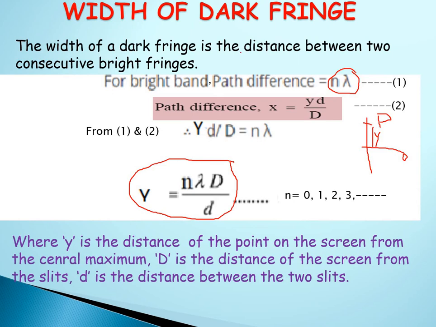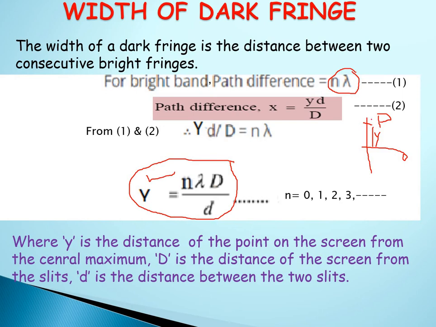So we just got a general equation for path difference, x is equal to y d by D, where y is the position of the point P. Now we know that for constructive interference, to get a bright fringe, the path difference should be equal to n lambda. Equating these two, we get the position of a bright fringe as y is equal to n lambda D by d.